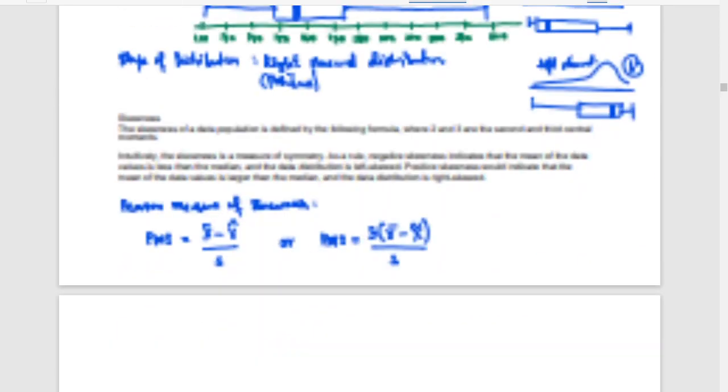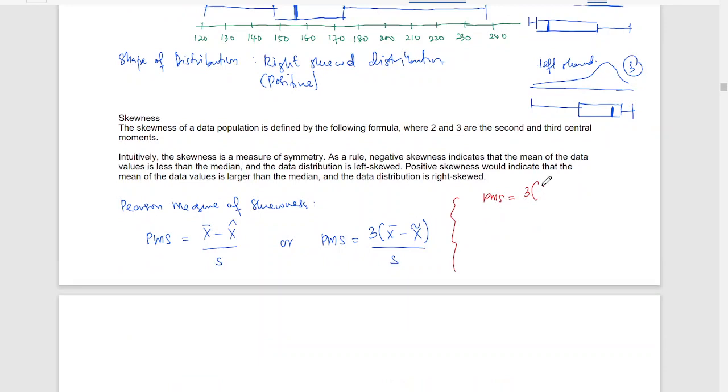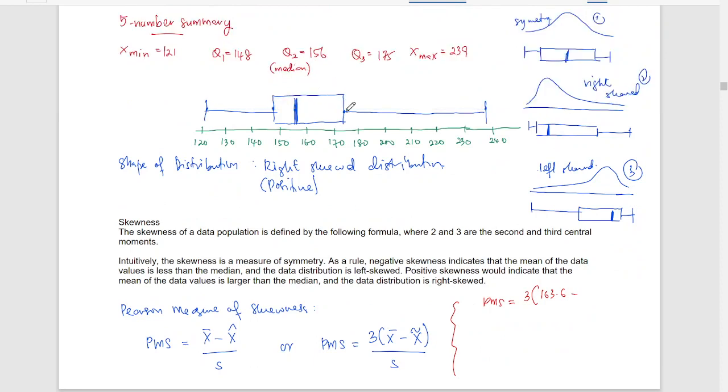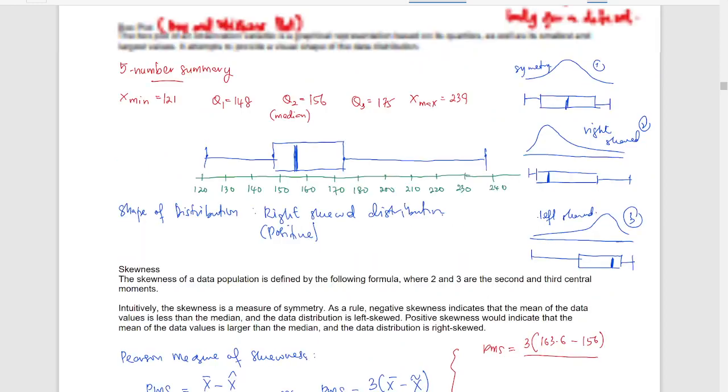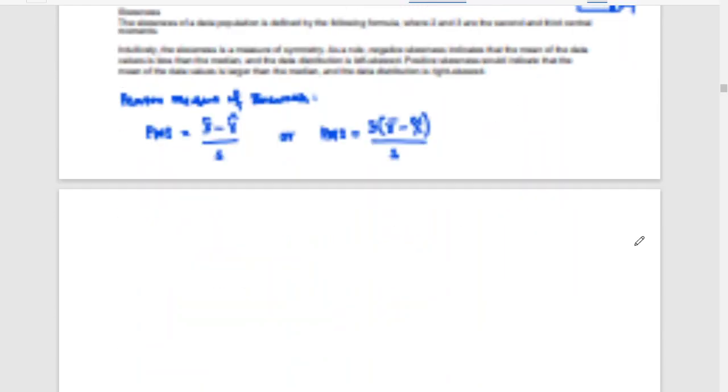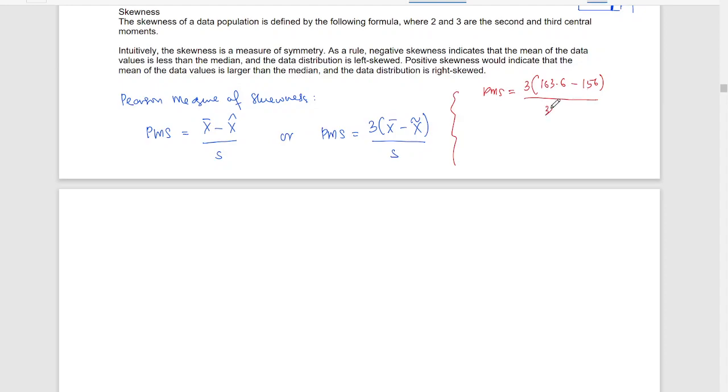So you have this to be 163.6 minus the median. We just calculated the median just now. So the median is given by 156. Okay, you have 156. And then you divide by the standard deviation. Just now you have the standard deviation to be 30.38, so just put it as 30.4.